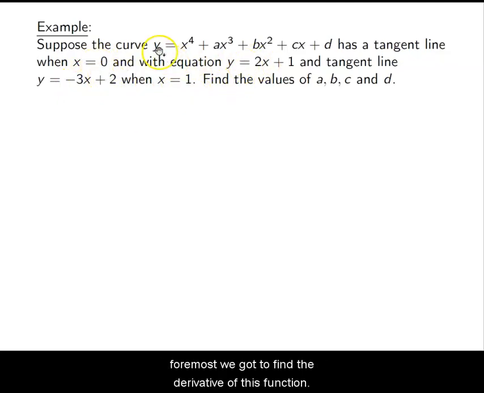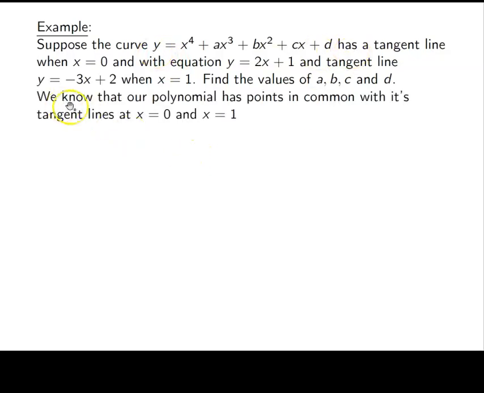Okay. So first and foremost, we've got to find the derivative of this function, right? So again, we know that our polynomial has points in common with its tangent lines at x equals 0 and x equals 1. So not only do I need to find the derivative, but I know the slope at certain points.